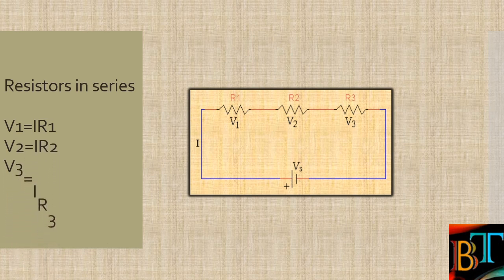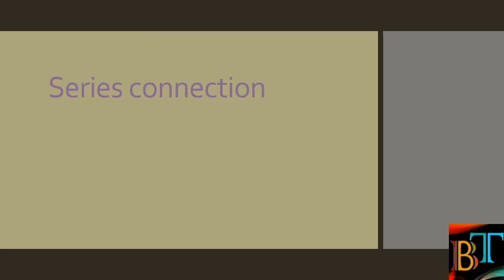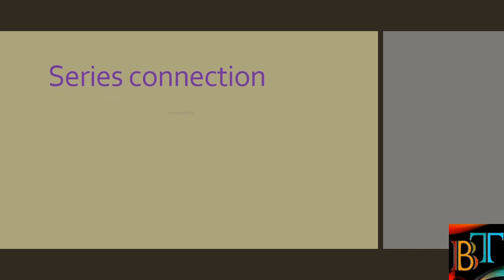Since the current has a single path, current through each resistor will be I. Hence, according to Ohm's law, the potential difference across the first resistor will be I into R1, the second resistor I into R2, and the third resistor I into R3. Hence, the total potential difference V is equal to V1 plus V2 plus V3, which is I into R1 plus I into R2 plus I into R3.